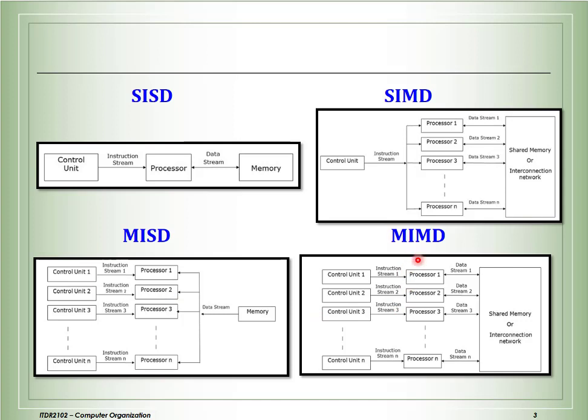Here, multiple instruction, multiple data: multiple instructions are received from multiple control units. Each processor has its own control unit and then operates on a different data stream from the shared memory or interconnection network.